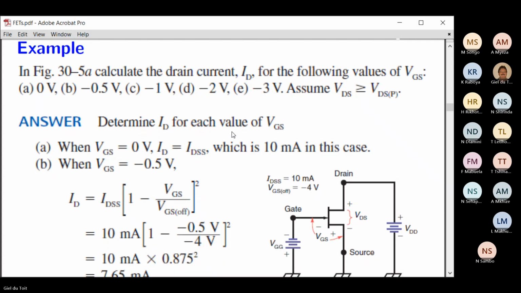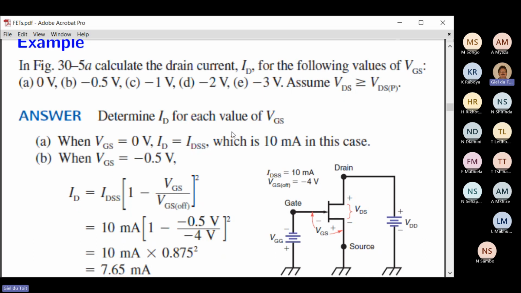So there's an example here. This example will really help us to calculate the current here in the drain source. So the gate source voltage is 0 volt. The ID is IDSS, which means this current is the same on top there as in the bottom, which is 10 milliamp in this case.